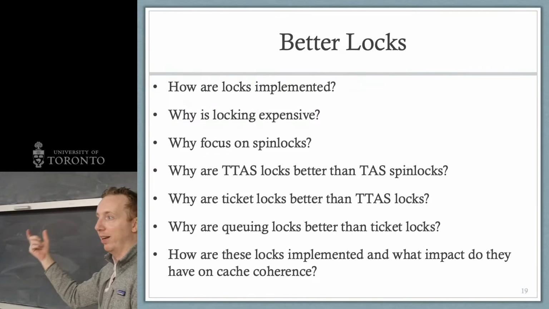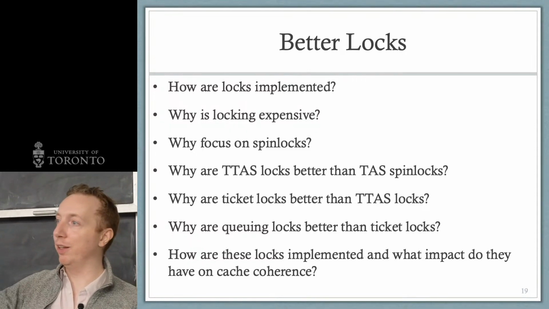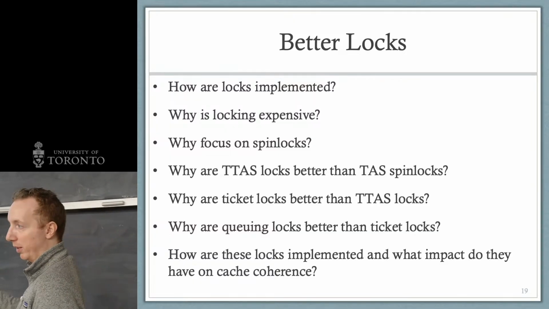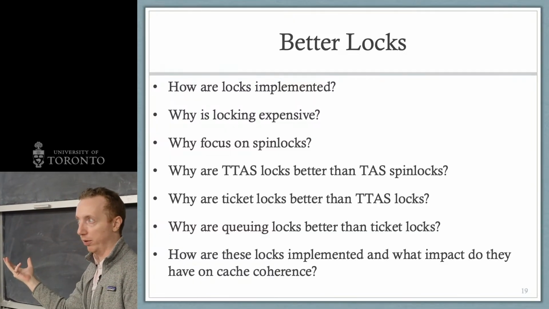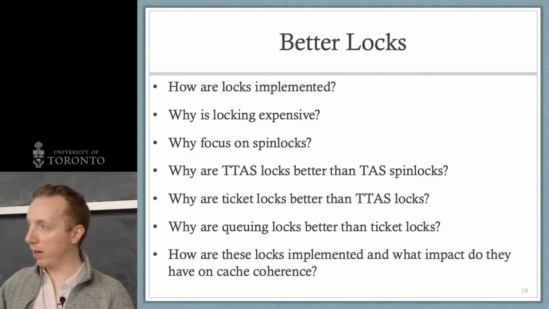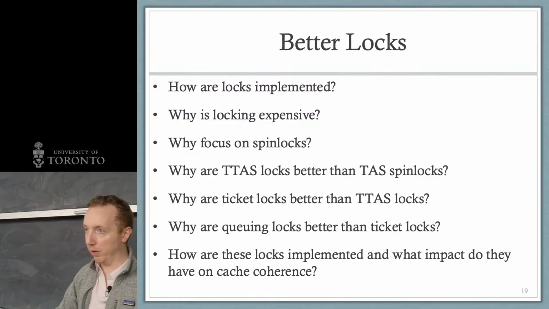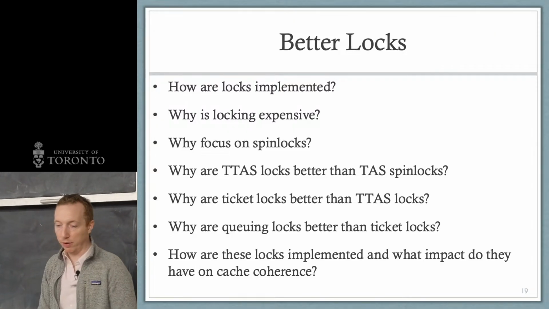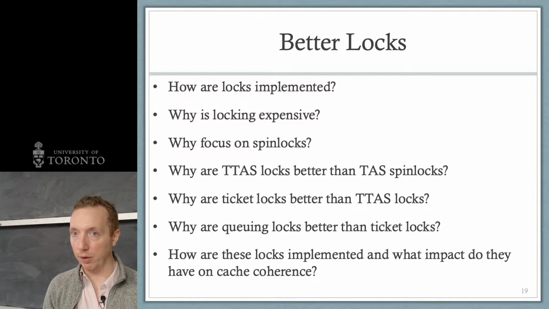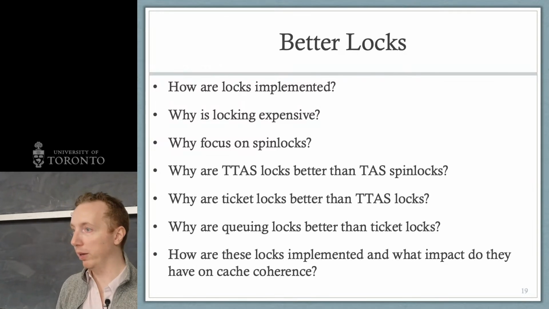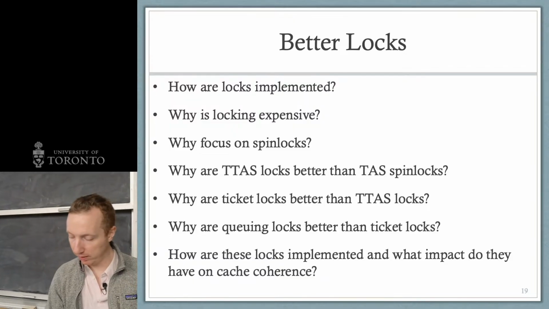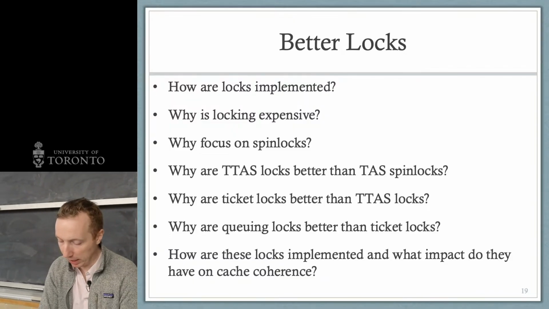The test and test and set would constantly loop, only reading that value over and over again until it is 0 or false, and only then would it try to do that atomic operation that would invalidate all the caches. So that was trying to keep it in the shared state as long as possible and only trying to do the write when it might possibly succeed. It won't be guaranteed to succeed, but it might.